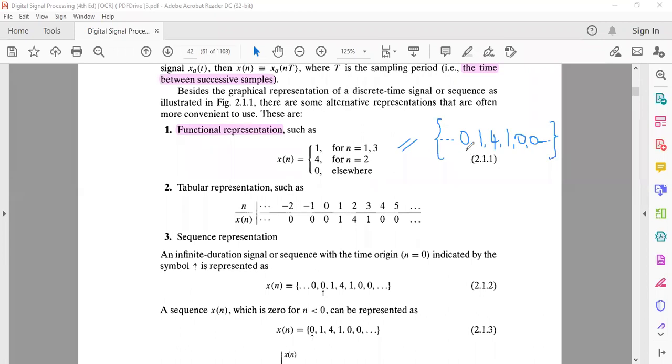And we said that we will see later on how to use an arrow to show where 0 is, so that when you see this arrow, you know that this is at n equal to 0. Then you have n equal to 1, n equal to 2, n equal to 3, like that. So this is a good way of representing that. Okay, the function representation.